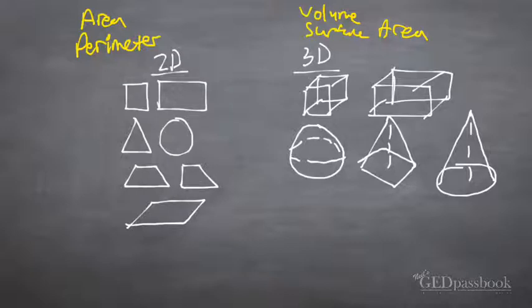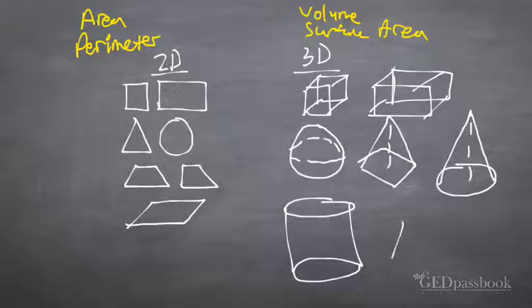Three-dimensional shapes. Can somebody tell me which one that one is? That one's called? Cylinder. For those of you taking GED, they love throwing cylinder questions at you. They love it. Cube, rectangular prism. There's that.